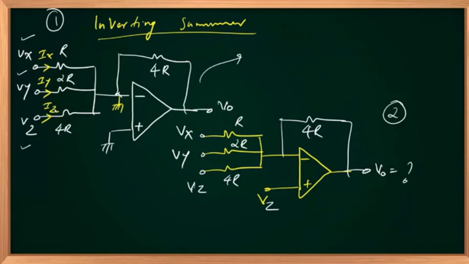All these currents flow through this branch and cannot flow into the op-amp, 0 amperes. They should flow through the resistor 4R. I is equal to the sum of the currents Ix plus Iy plus Iz. It's very simple. Three branch currents will sum up, and that entire current I will pass through R.